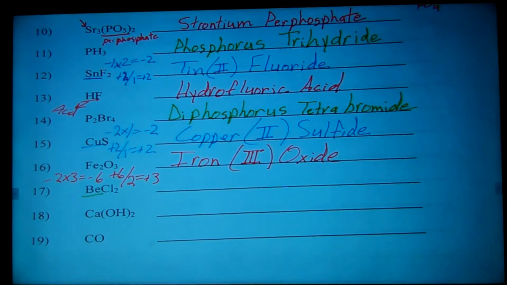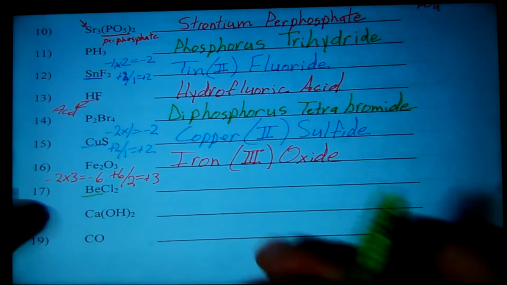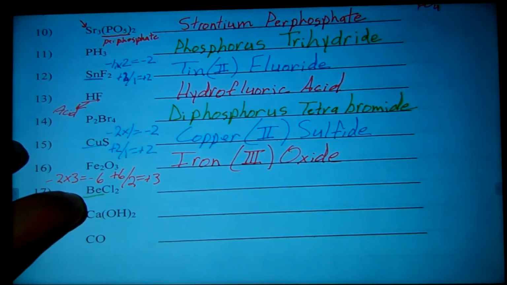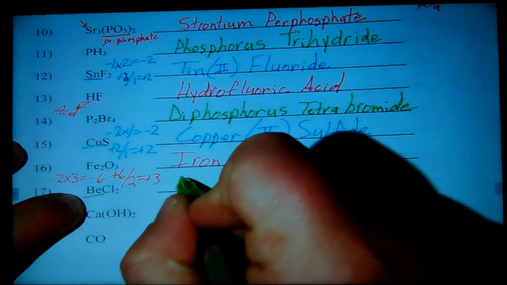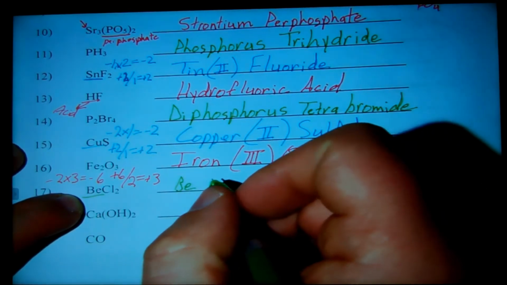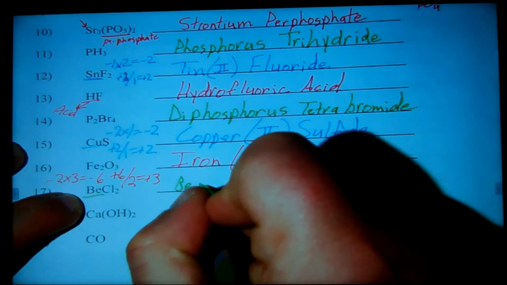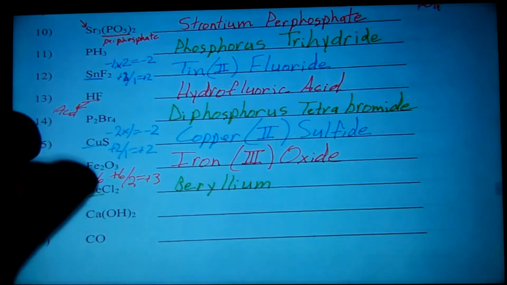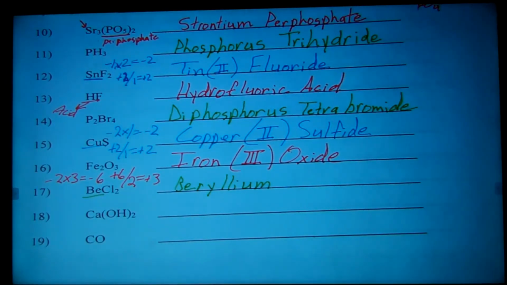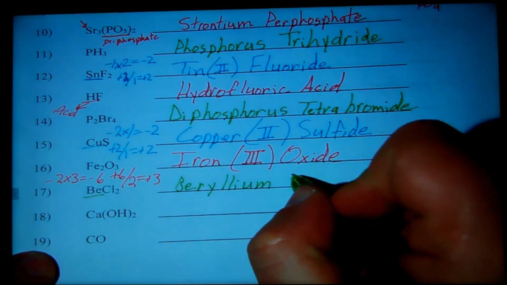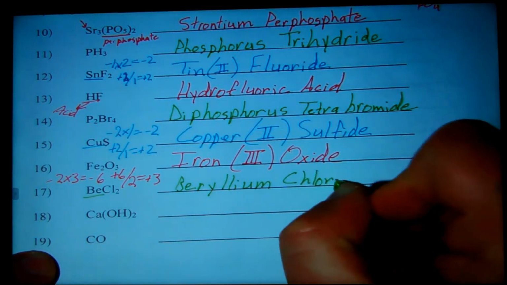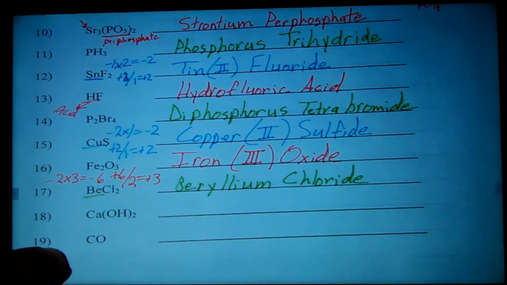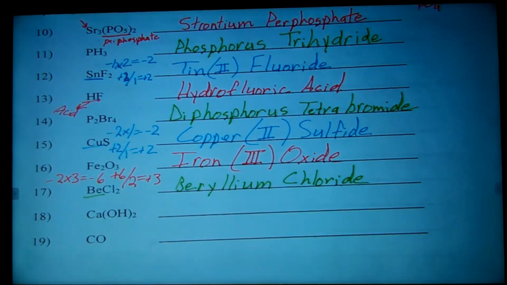So we literally name it based off the monatomic ions. The first one, the cation, we always name it based off the element name, so beryllium. And then the second one, that Cl, we remove the ending and add -ide, so chloride. Now we're done with 17.